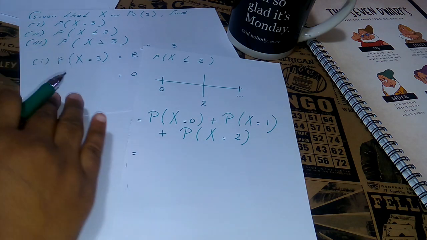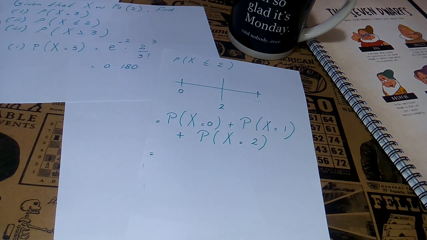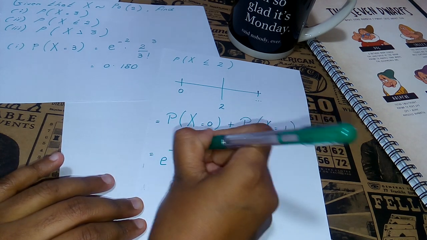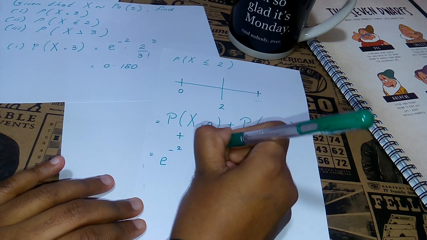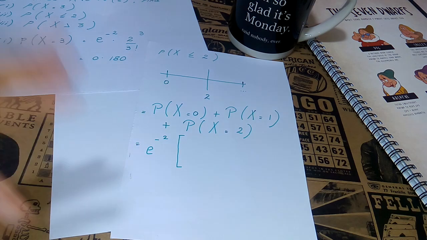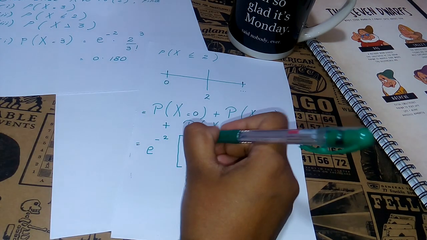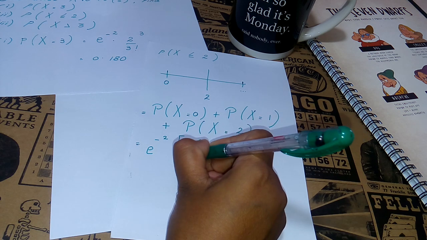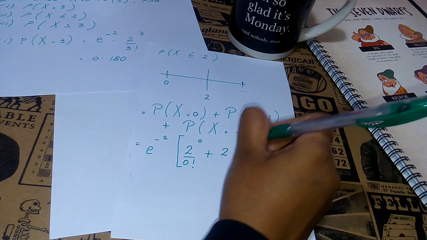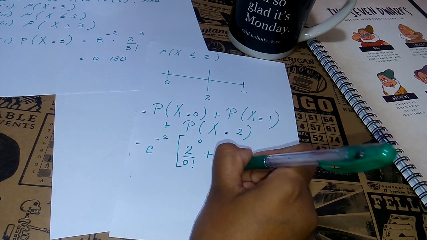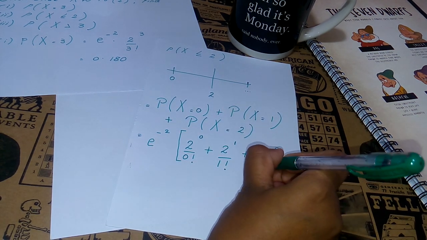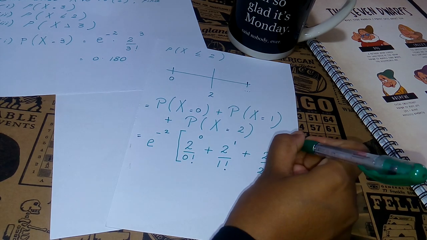From our previous video we've seen that the common factor is going to be e to the power negative 2, and then inside the bracket we are going to have 2 to the power 0 over 0 factorial plus 2 to the power 1 over 1 factorial plus 2 to the power 2 over 2 factorial.